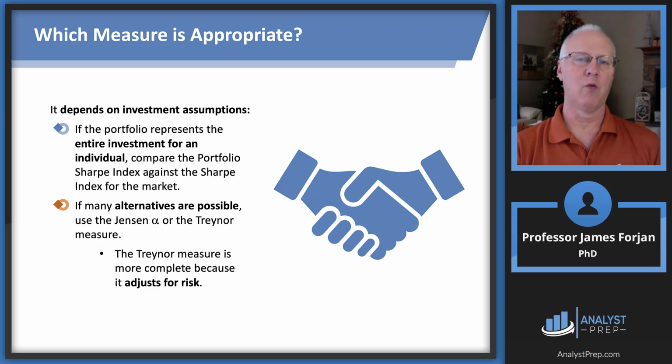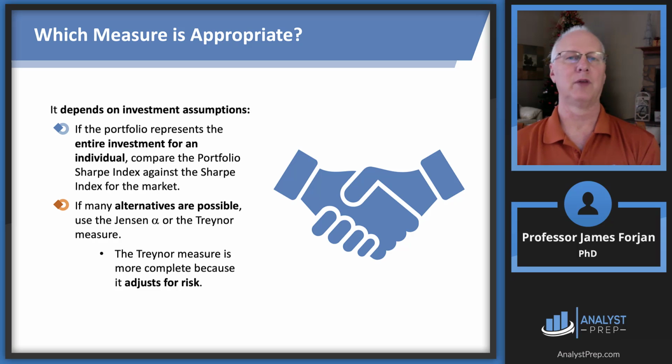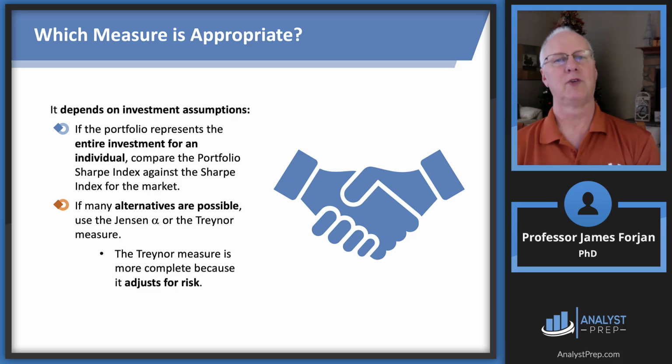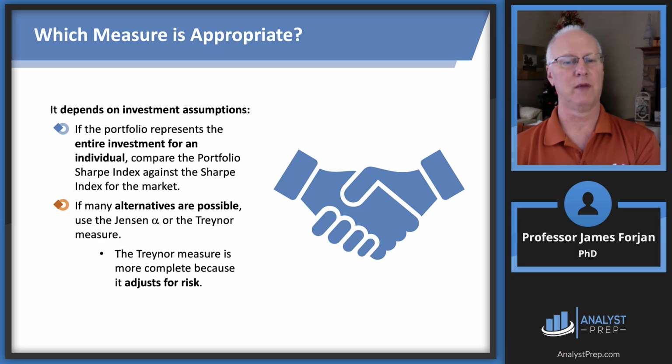However, what lots and lots of researchers have decided is that if we have lots and lots of alternatives out there, let's go back to Jensen's alpha because it uses the capital asset pricing model, or the Treynor measure because it uses beta, which is our measure of systematic risk, assuming that we have diversified portfolios.